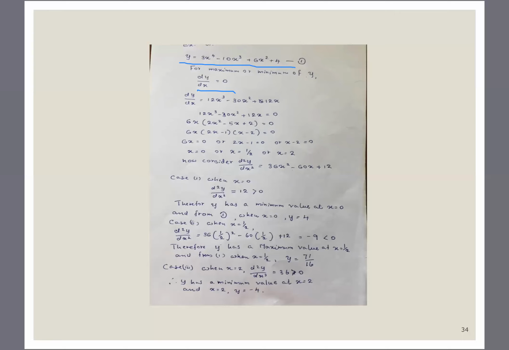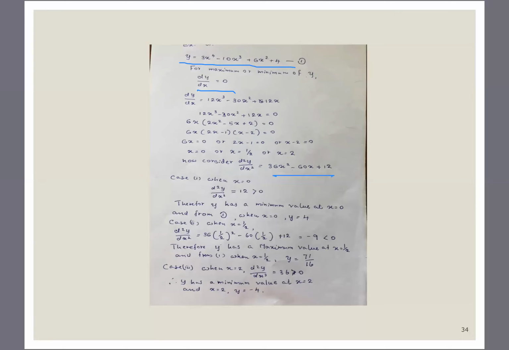And next, to identify which x values are maximum or minimum, we have to get the second derivative, that is d2y by dx2. Okay, so when we get the second derivative, multiplying 12 into 3, you can see here, I will show you here, okay?